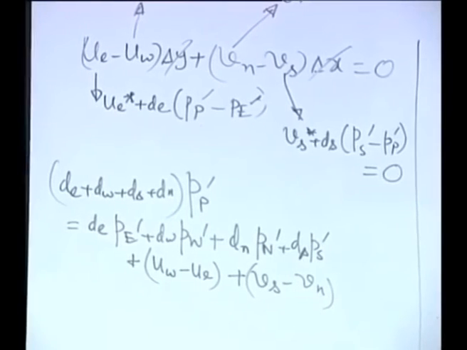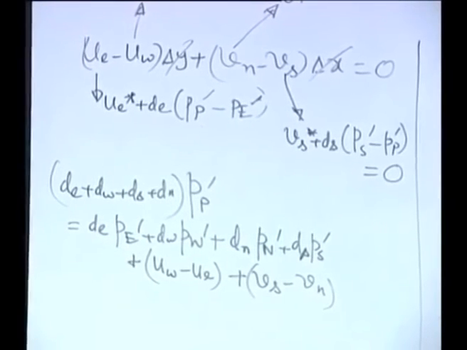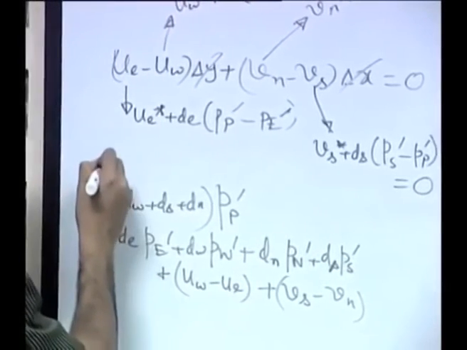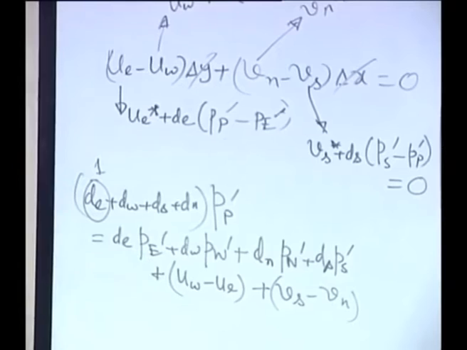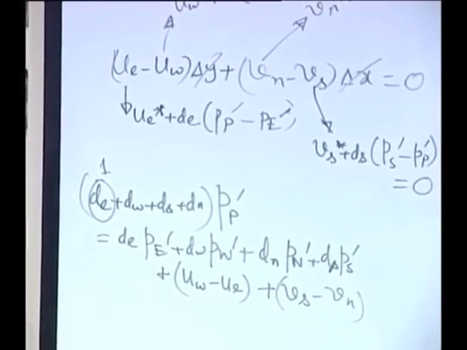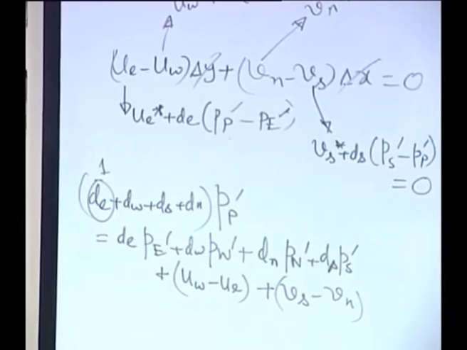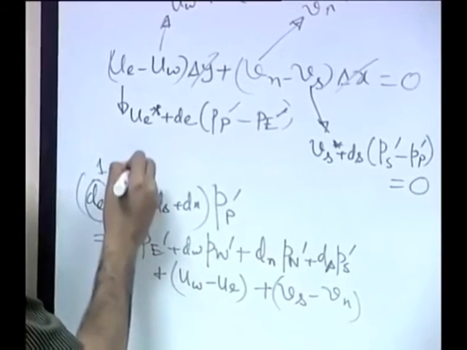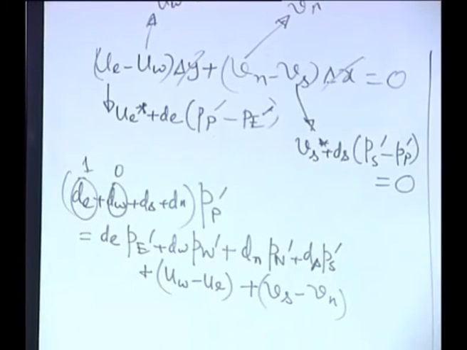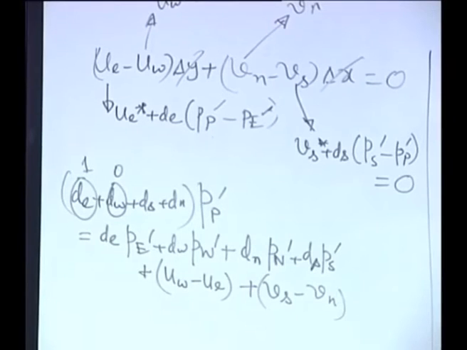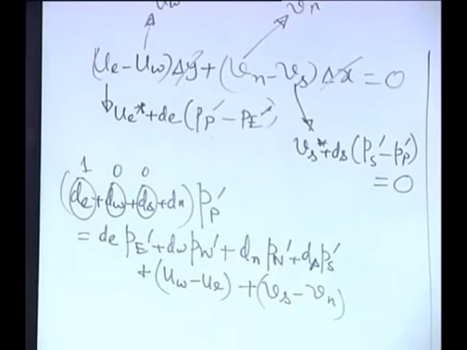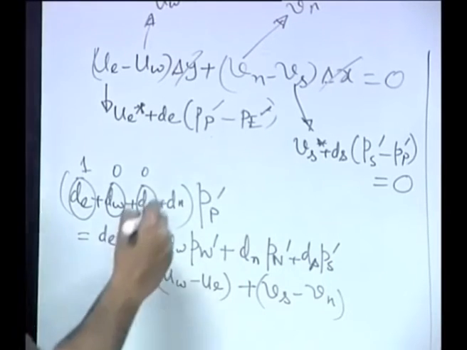So, let us substitute these values now. What is dE? dE is equal to 1. What is dW? Uw is given, so dW is 0. What is ds? Vs is given, so ds is 0. What is dn? dn is 0.6.